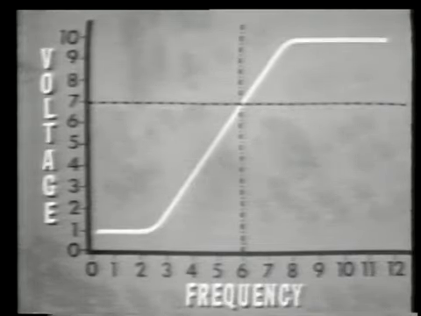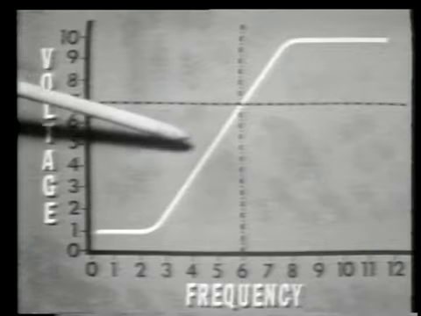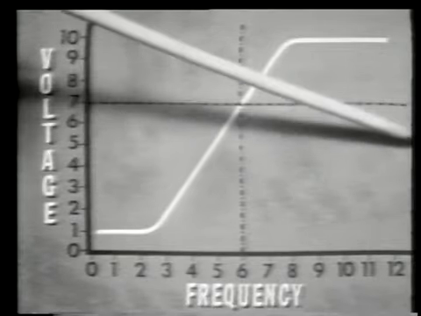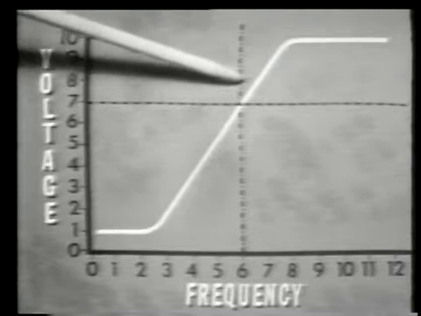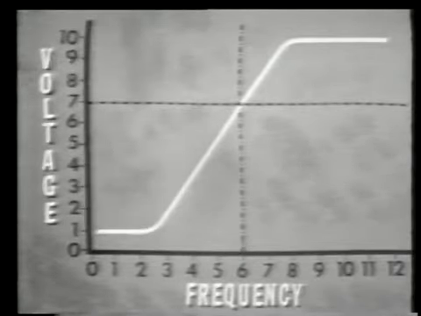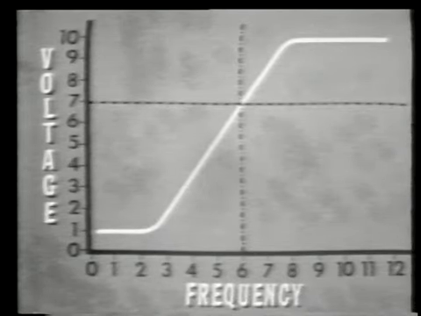But suppose we want to reject both low and high frequencies and only pass a small band of frequencies right around 600 hertz. You'll recall that this was the third filter configuration that we mentioned earlier.